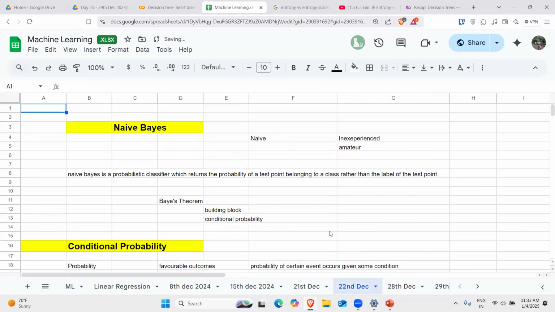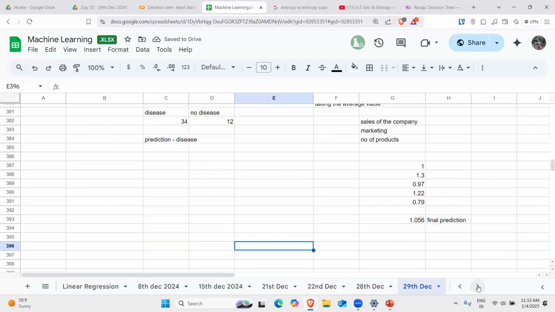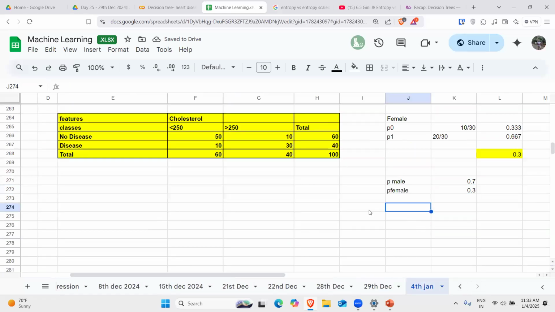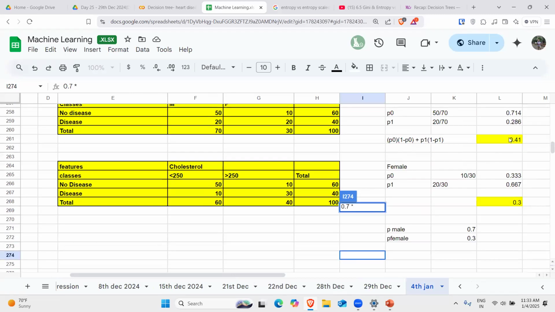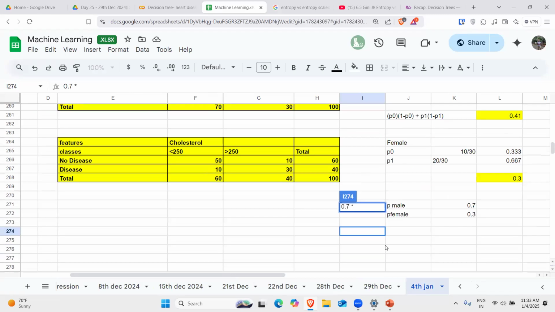Now this gives the Gini impurity after the split based on the gender: male 0.7 into Gini impurity of male, which is 0.41, so I'll write down 0.41, plus female probability is 0.3, and sorry, Gini impurity for female is 0.44.